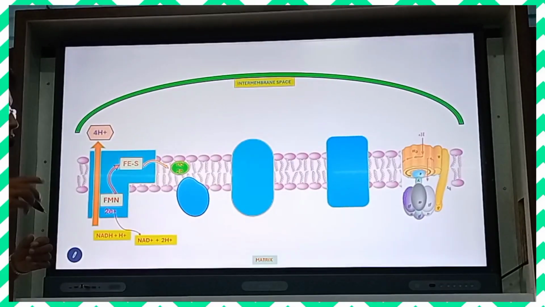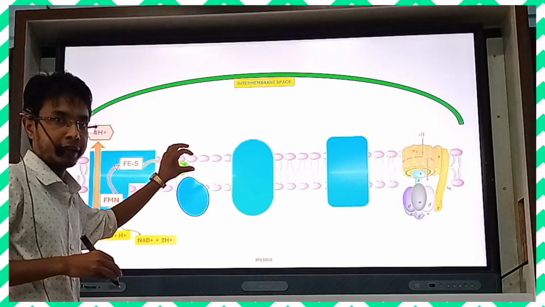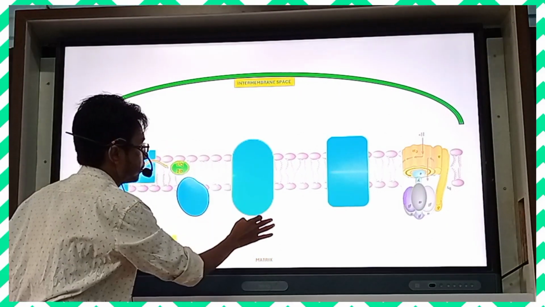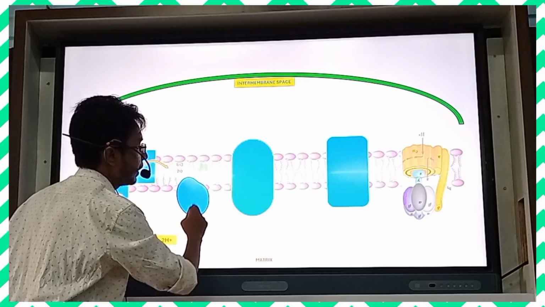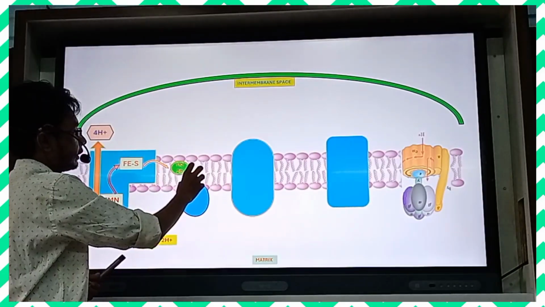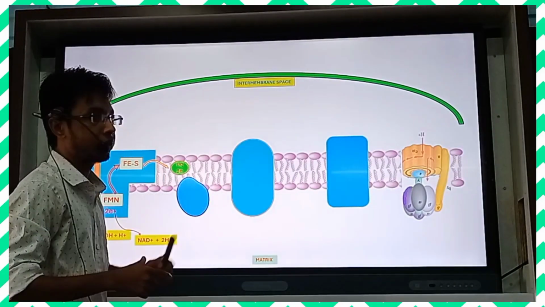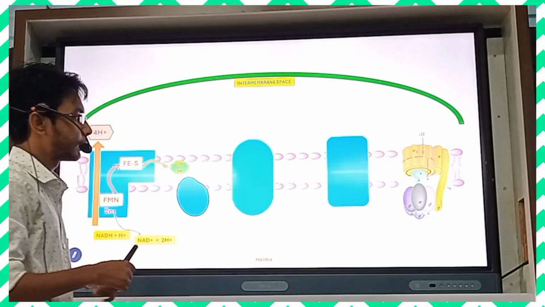often referred to as UQH2, ubiquinol. Being a mobile electron carrier, it moves to complex 3 and passes electrons to complex 3.